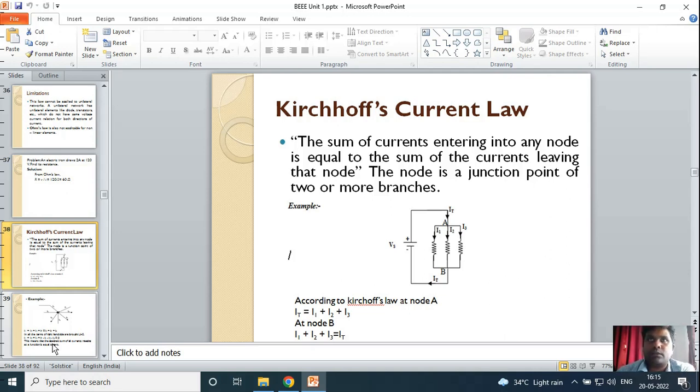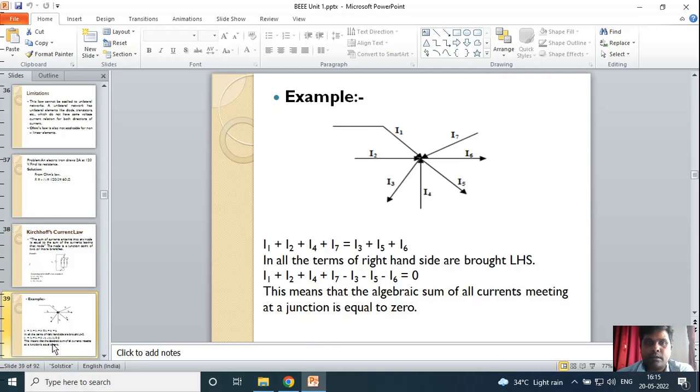That value is equal to the sum of the currents leaving the node, I3, I5 and I6. So the sum of the entering currents is equal to the sum of the currents leaving the node. That means the algebraic sum of all currents meeting at a junction is equal to 0.